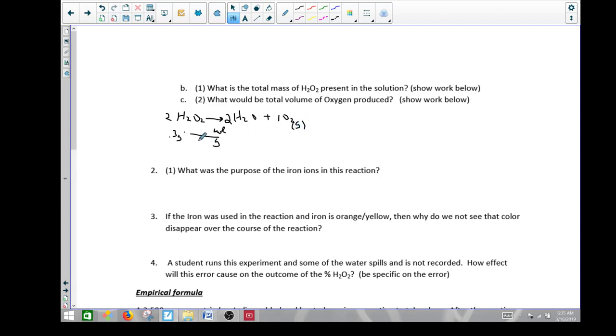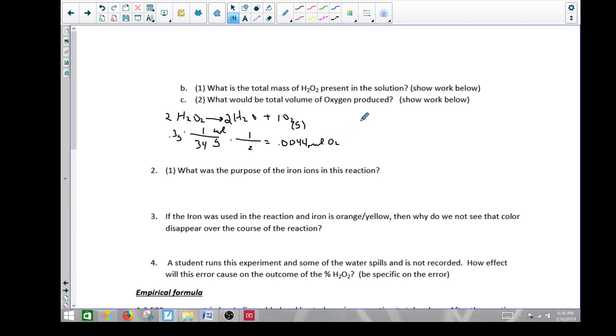Okay, add your molar masses up: that's 32 for O2, and this is 34 for H2O2. It is a 2 to 1 ratio. This gives me my moles of oxygen. Divided by 34, divided by 2, and we get 0.0044 moles of O2. And then we're going to flip this over to volume.